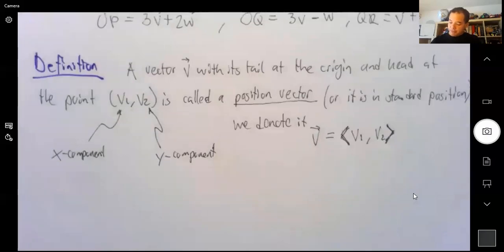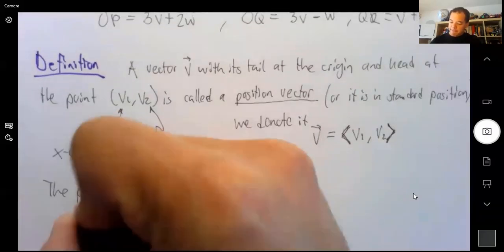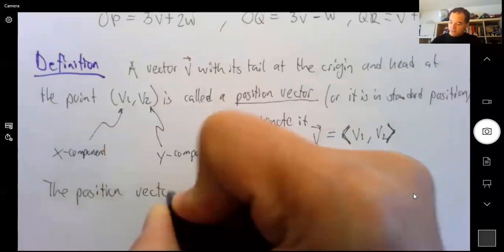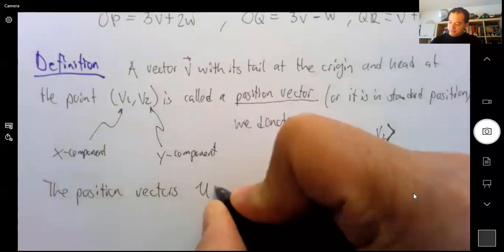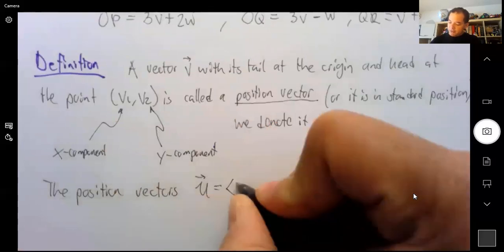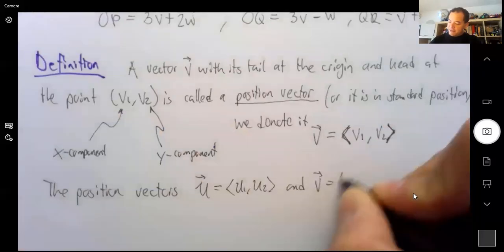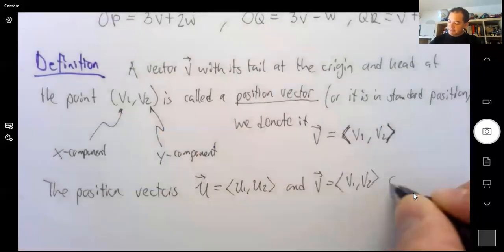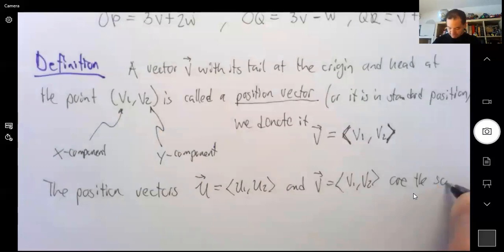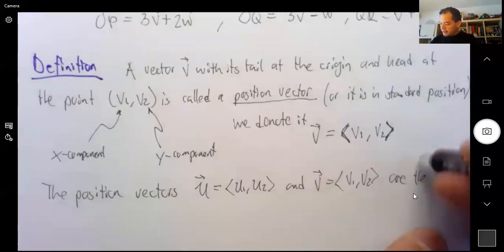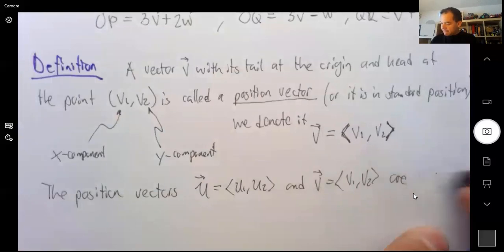So the position vectors U equals U1, U2, and V equals V1, V2 are the same if and only if they are equal.